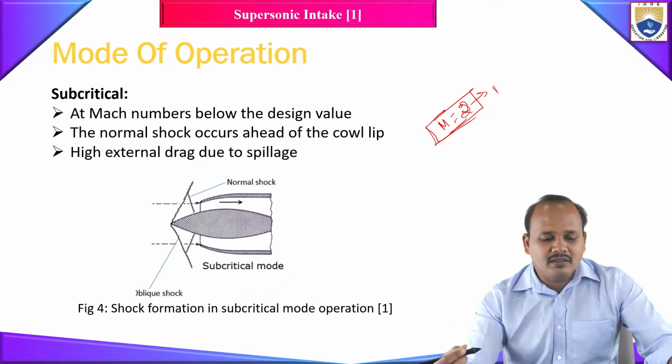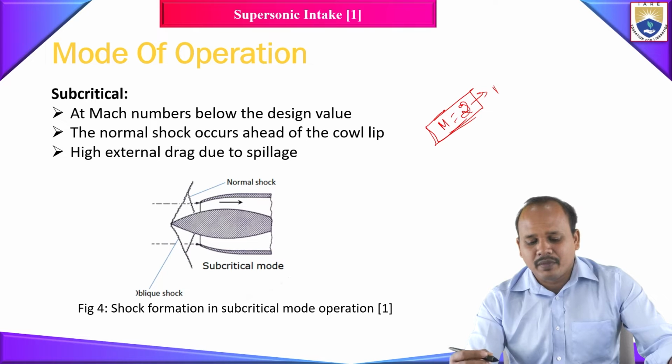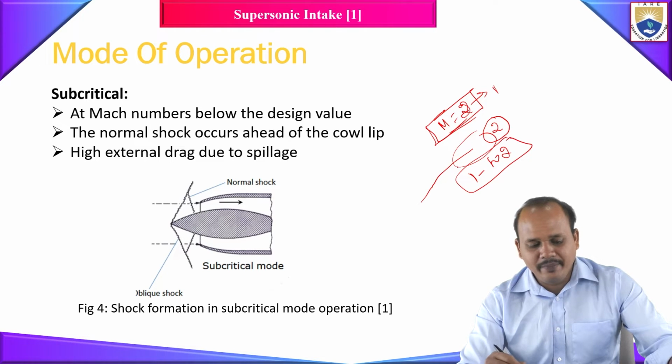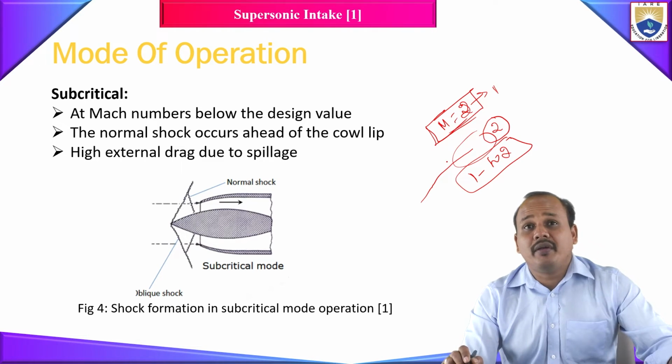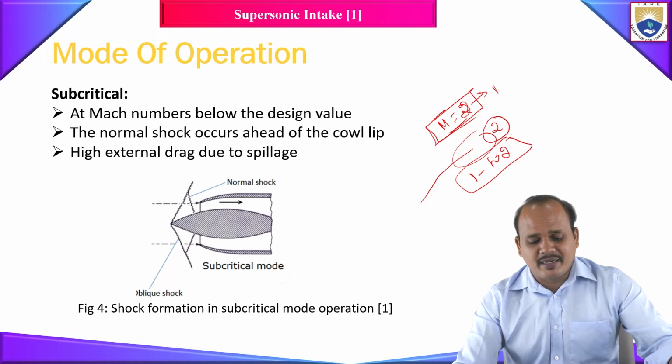So what is the subcritical operation? Say I have an aircraft whose design Mach number is 2. Before reaching this design Mach number 2, it has to fly from zero to subsonic, subsonic to supersonic, from Mach number greater than 1 up to 2. Within this Mach number 1 to 2 range, that's what we call the subcritical operation.